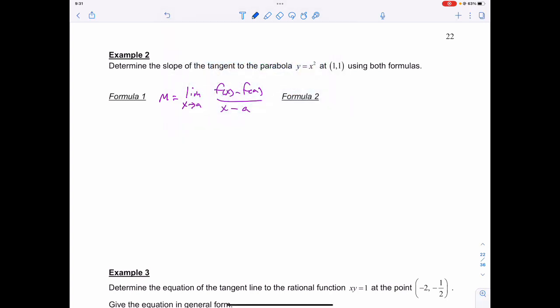Or I can use my new formula that we just learned. My slope is the limit as h approaches 0, or the change in x approaches 0, of f of a plus h minus f of a over h.